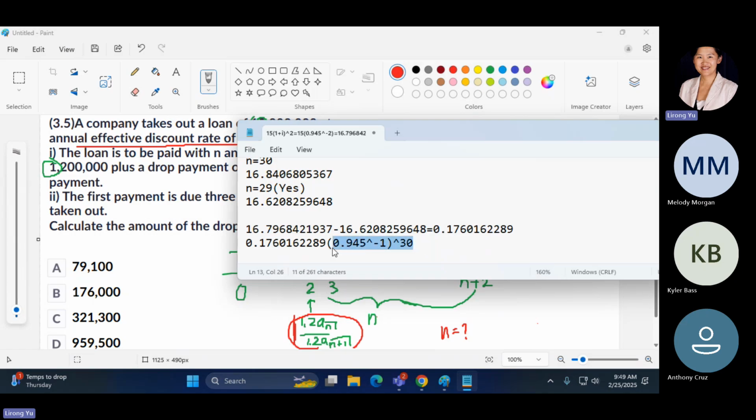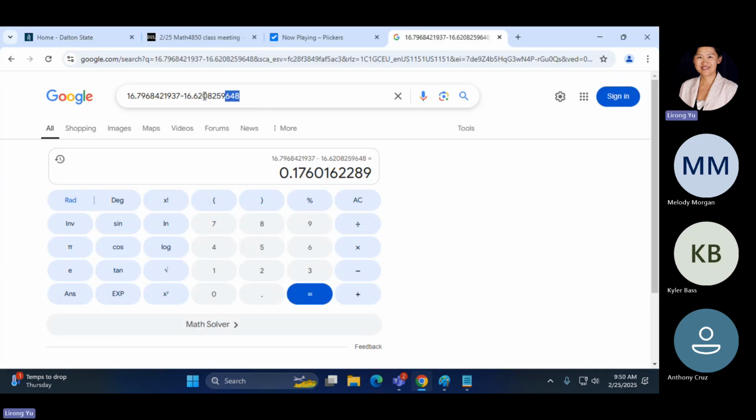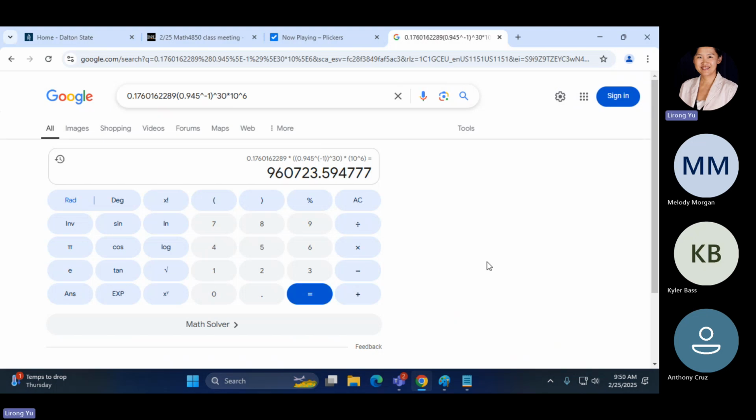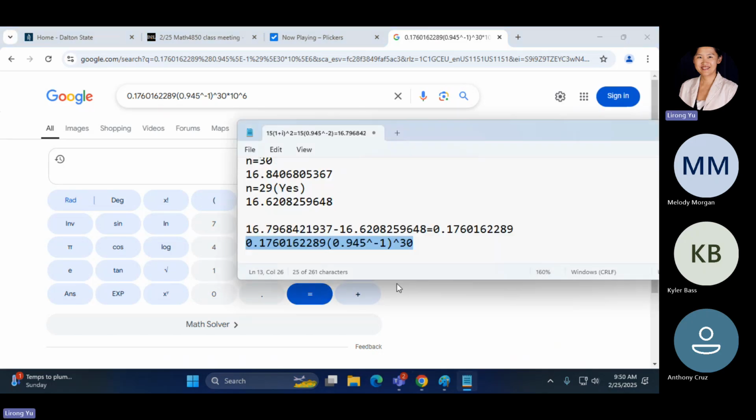Of course, we want to convert it to millions. So we multiply this by 10 to the 6th power, times 1 million. That's what we have. Hope that kind of makes sense. At least that's what I get. Right, and then we're going to compare with the choices.